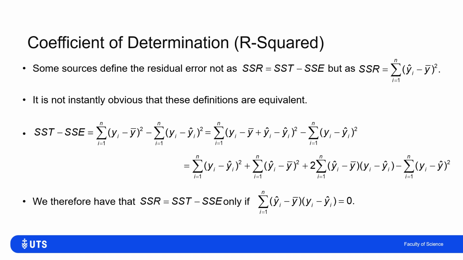And so what I can easily see is that this does collapse to the same thing, but only if the sum of yi hat minus y bar times yi minus y bar sums to 0. And again, it's not instantly obvious that that condition will hold.